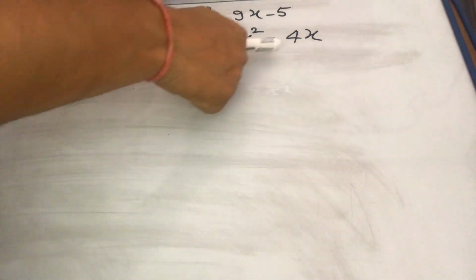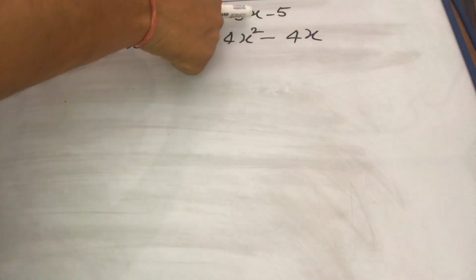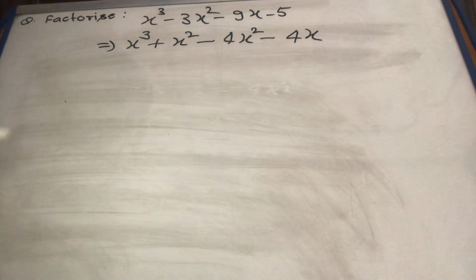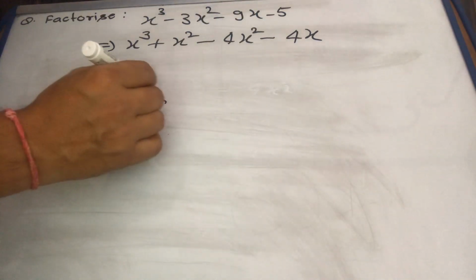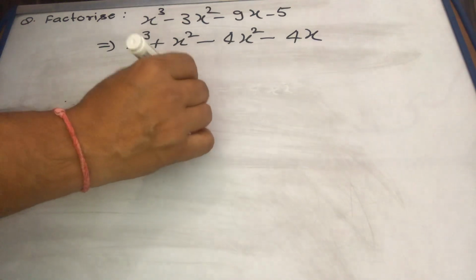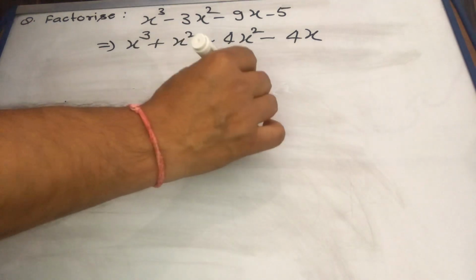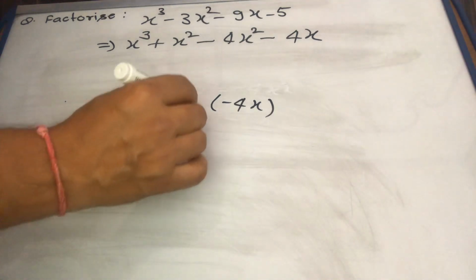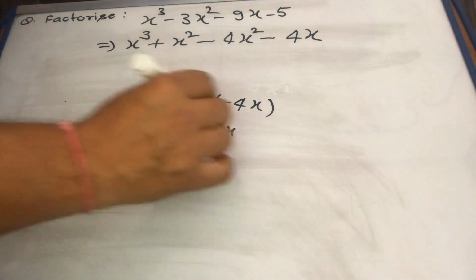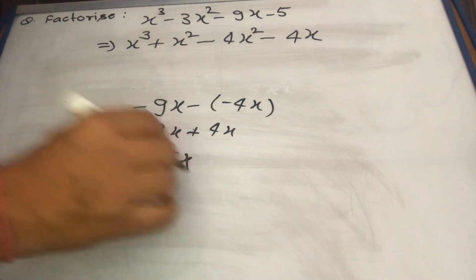Now again, after writing this term, you observe the next third term. Here is minus 9x, and minus 9x and minus 4x are already present. What is the remaining? Minus 9x and minus 4x. So you will get minus 9x plus 4x, meaning minus 5x.